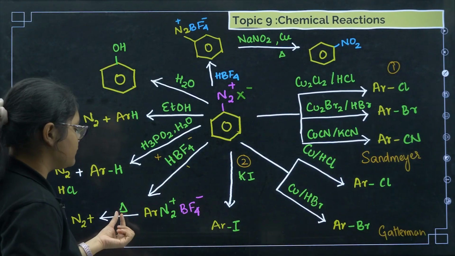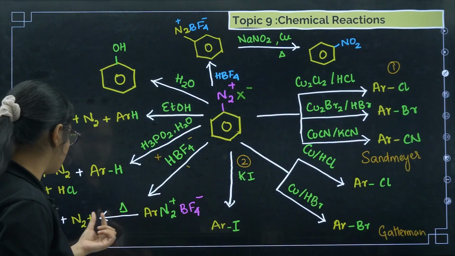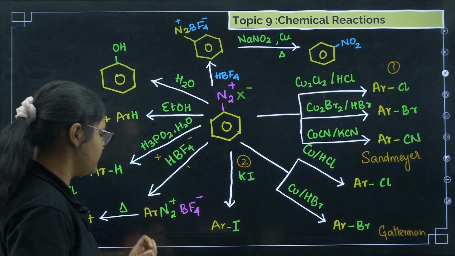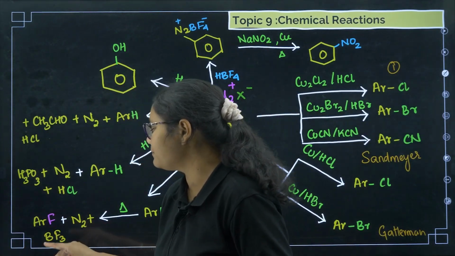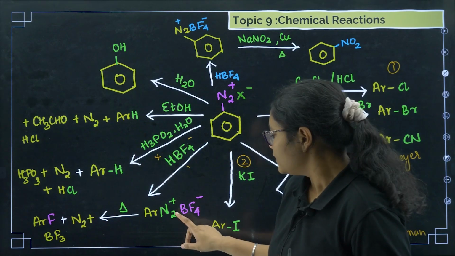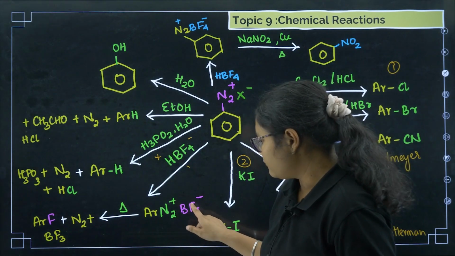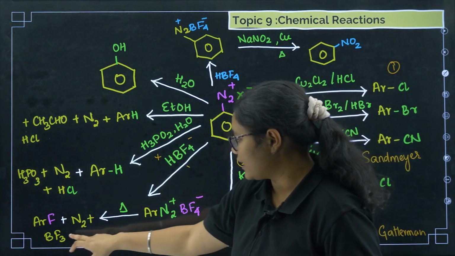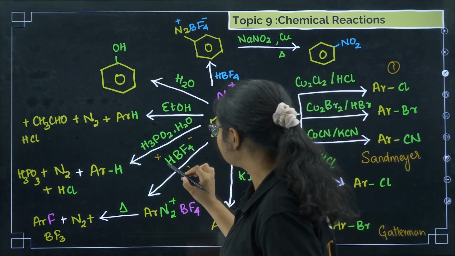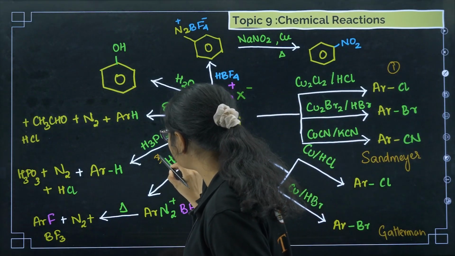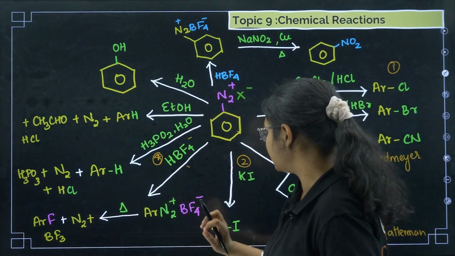After that you just heat it, and ArF will be formed, with nitrogen leaving and BF3 produced. One of the fluorines comes here, nitrogen goes out and we get BF3. This is the third one, for getting fluorobenzene.